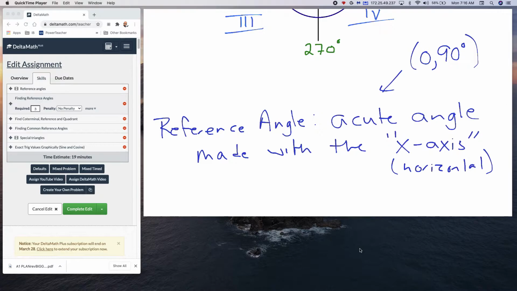We talk about this term reference angle because it allows us to use sine, cosine, tangent and all those things much more quickly. And then we just have to adjust signs and things.